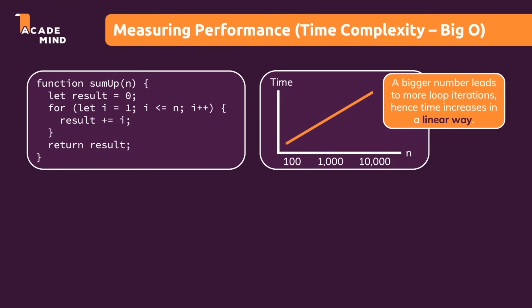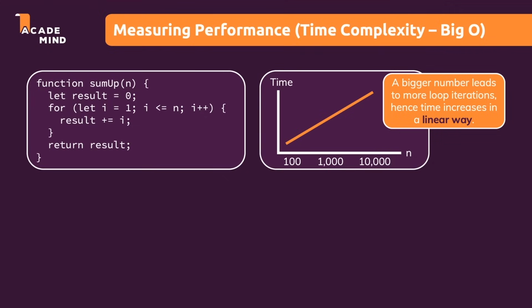Especially for the bigger numbers, we could see that if we take the number times 10, the time the function takes also is essentially 10 times the time it took before. So we have a linear growth function there in the end. The factor by which we increase the input, so in this case n, is the factor by which the time the function takes increases. It increases in a linear way.